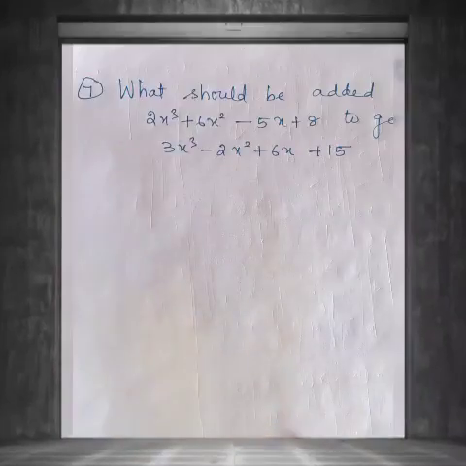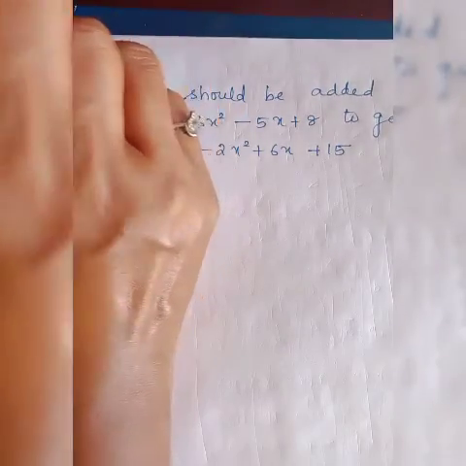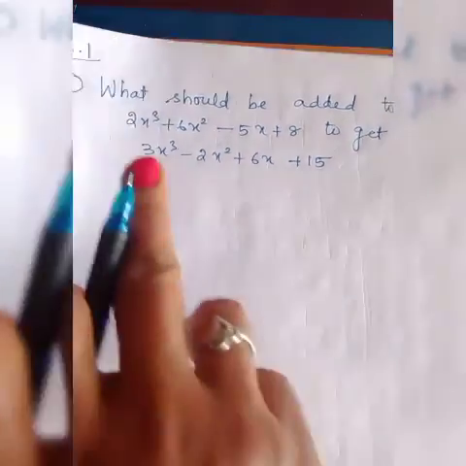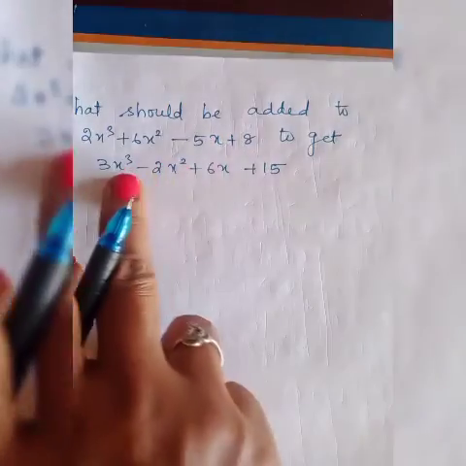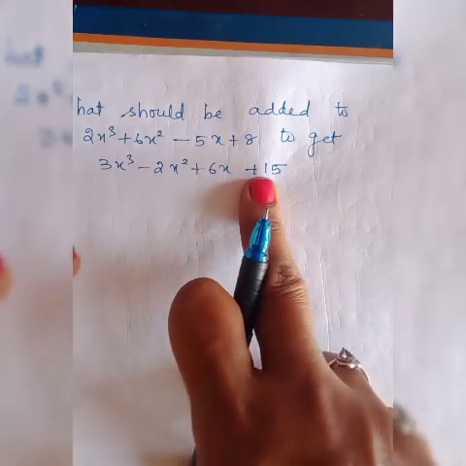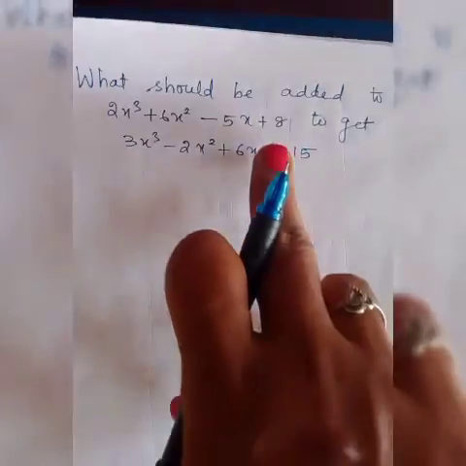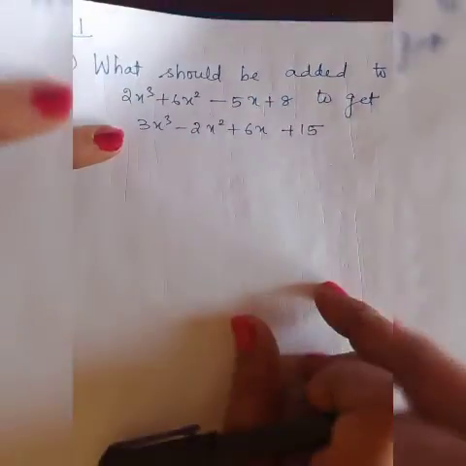We have the 7th problem under exercise 3.1, 9th standard Samacheer board. What should be added to this to get the second polynomial? Don't get confused whether it is addition or subtraction of two polynomials, let me explain this in a simple way.